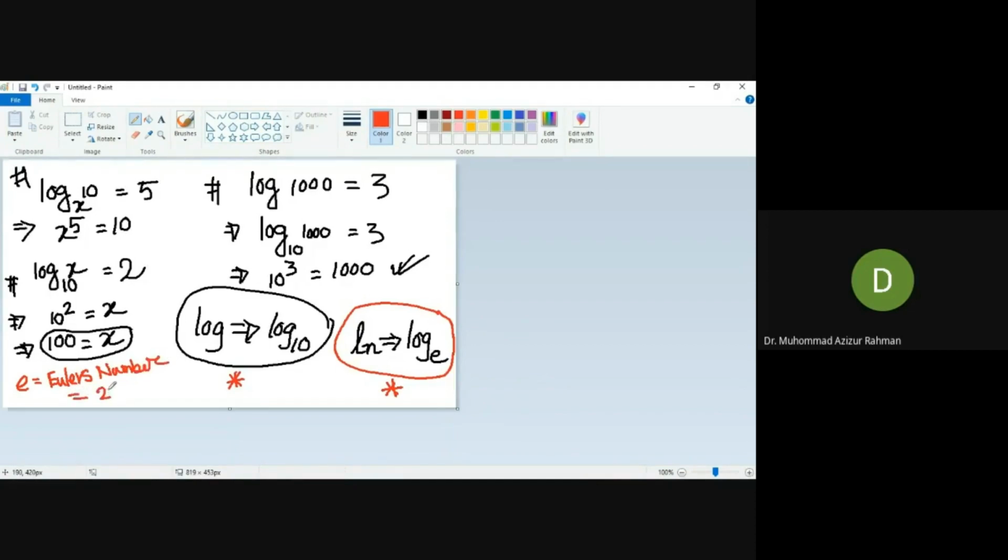This is a constant e. So we also need to know the value of e. The value of e is 2.71828. This is Euler's number.